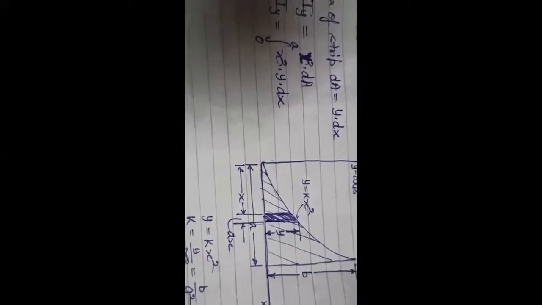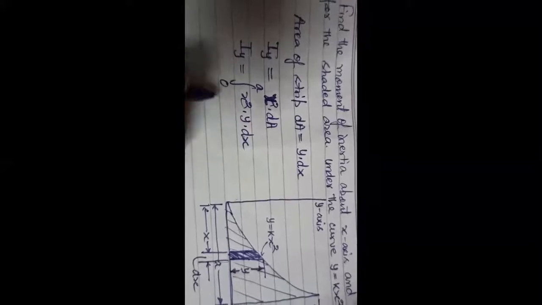Now put y is equal to b upon a square into x square. This value of y we put here in place of y, because we require x in place of y.